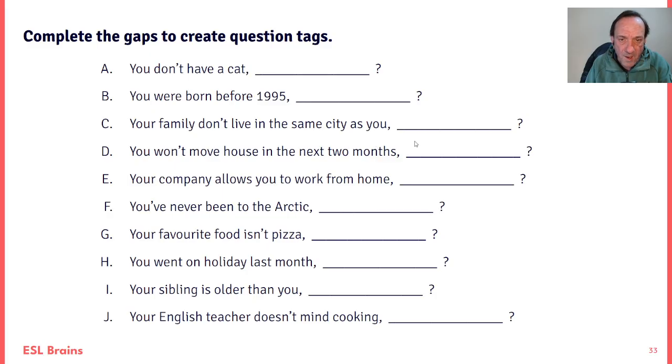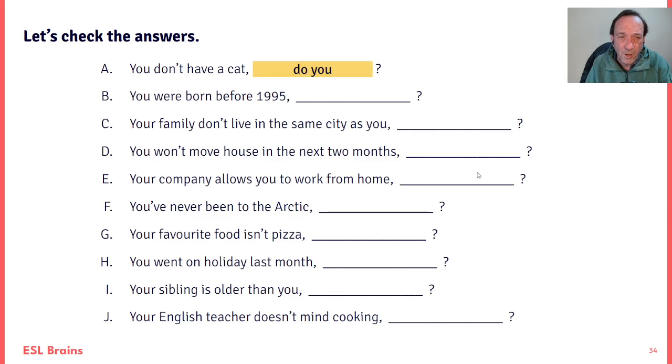Let's revise. Pause the video, have a look at the sentences, and we will put in the question tags. Okay? Okay, let's begin. You don't have a cat, do you? You were born before 1995, weren't you?